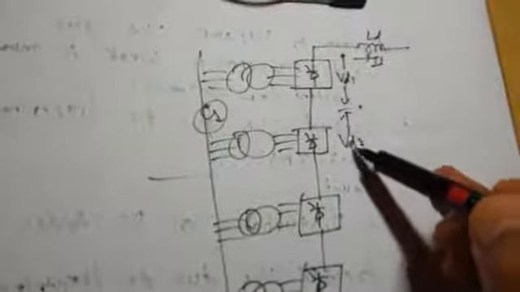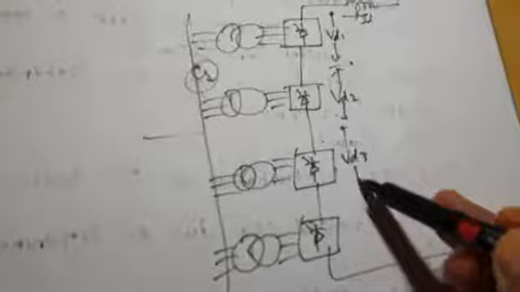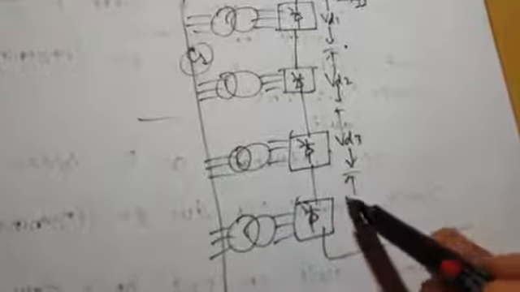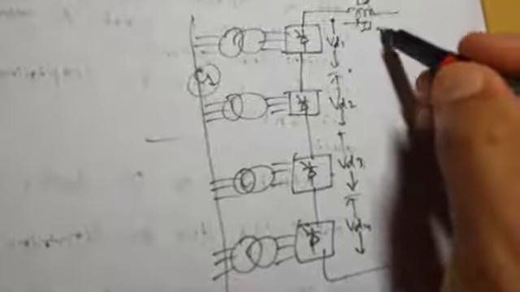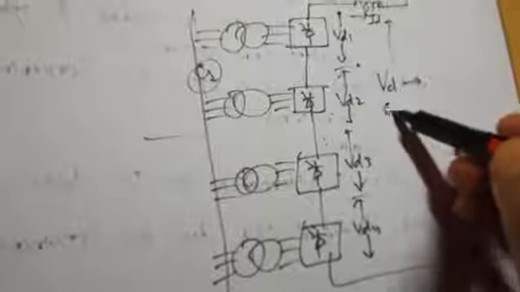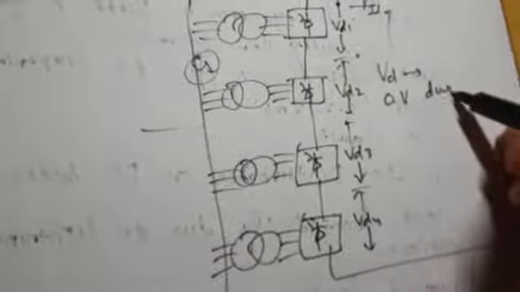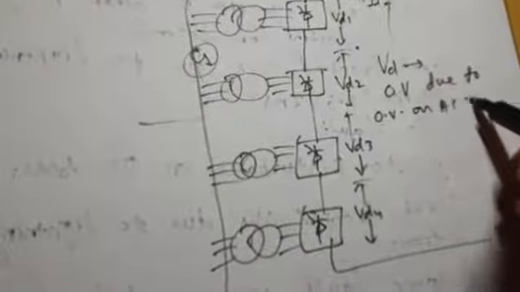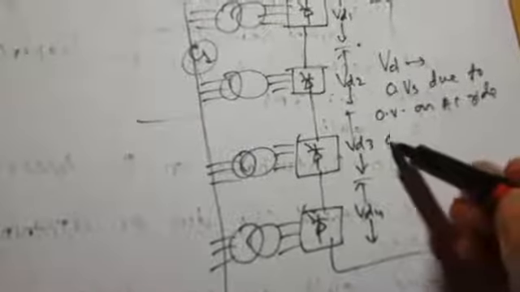Similarly, VD2 will also increase because it is also connected to same bus. VD3 will also increase, and VD4 will also increase. So therefore we can say that the net output voltage VD will have overvoltage due to overvoltage on AC side. Overvoltages due to overvoltage on the AC side are added.